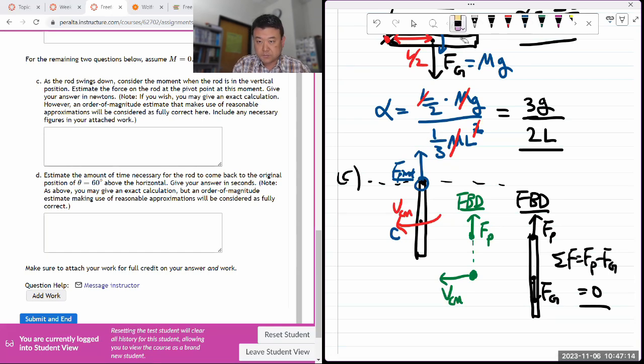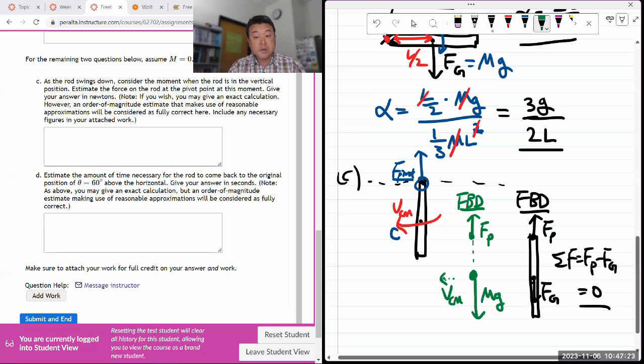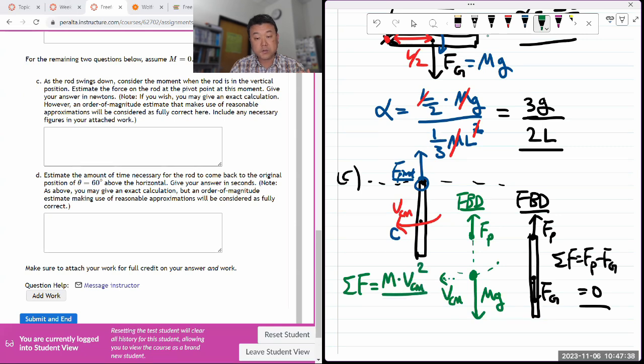Let me make sure my velocity vector is not mistaken for a force vector. There's gravitational force mg pulling it down. So when I calculate the net force, it's not going to be 0. It's going to have centripetal force to keep this mass in circular motion, so it'll be mass times v cm squared over the radius, which is L over 2. So that's what I have to work out.